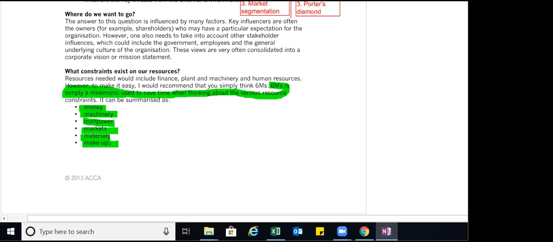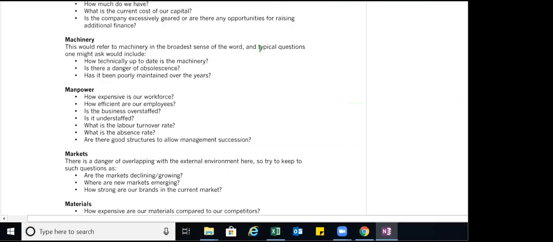And the makeup, by makeup he means how the organization is structured, whether it's a flat structure or a tall narrow structure, what sort of an organizational structure the entity is following.